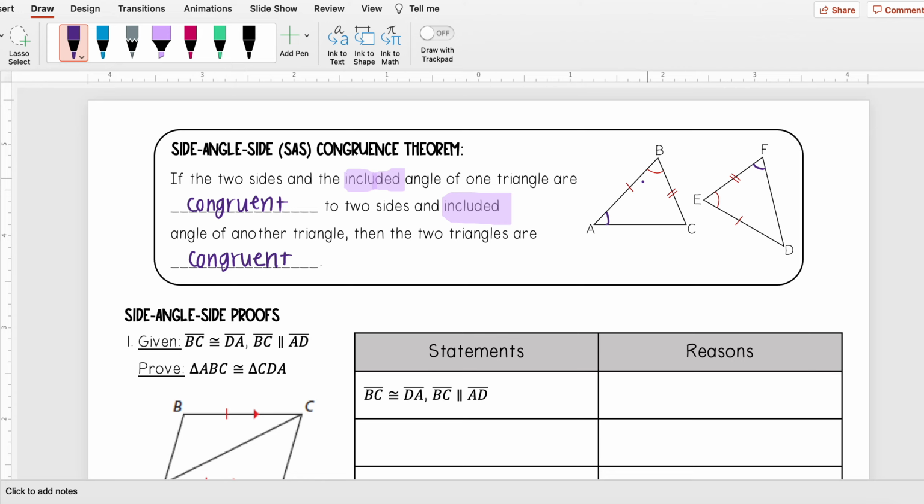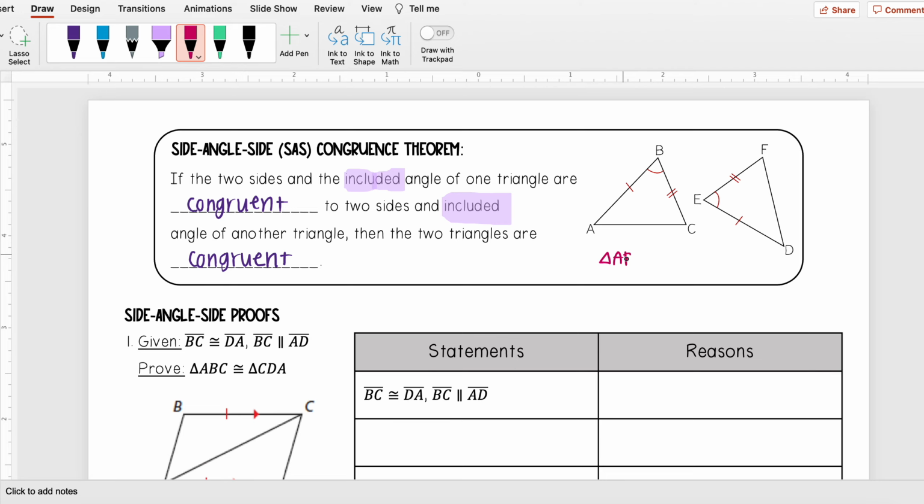It has to be the angle that is between the two congruent sides. So we'll see here in my example that because I have two pairs of congruent sides and the angle that is formed between those congruent sides is congruent, these two triangles are congruent.